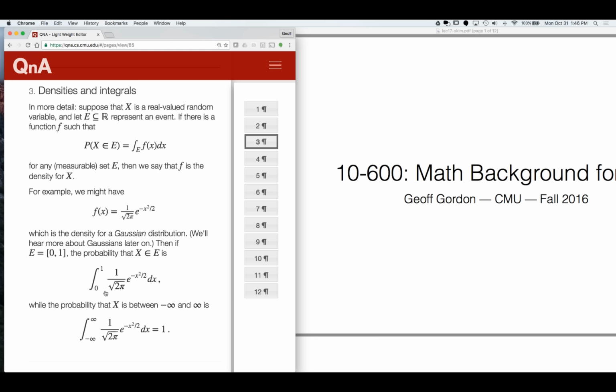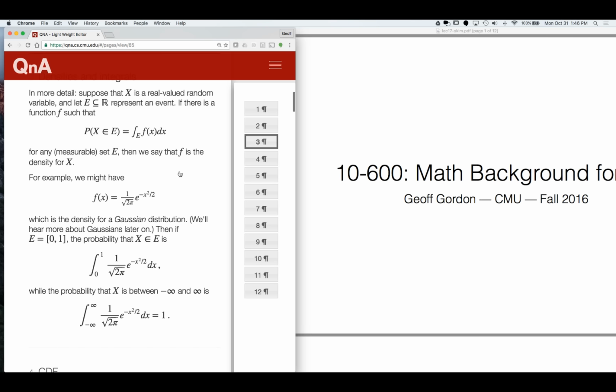And we can compute the probability that our variable is bigger than 0 and smaller than 1 by doing this integral from 0 to 1 of f of x dx. If that's true, then we say that f is the density for x. This particular example happens to be a Gaussian density, and we'll talk more later today about Gaussian distributions.